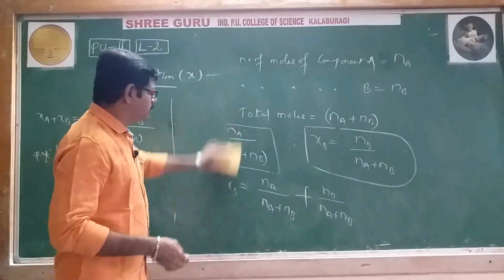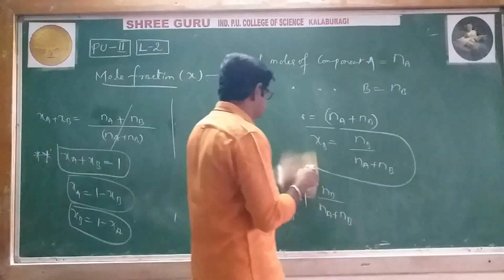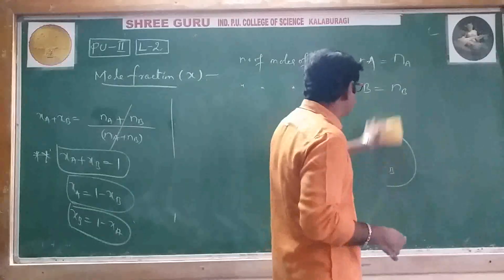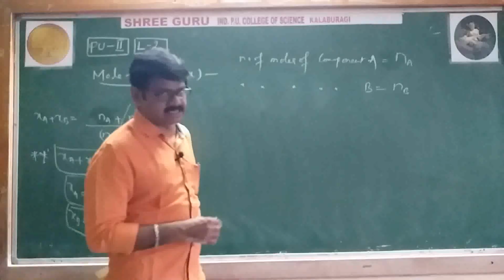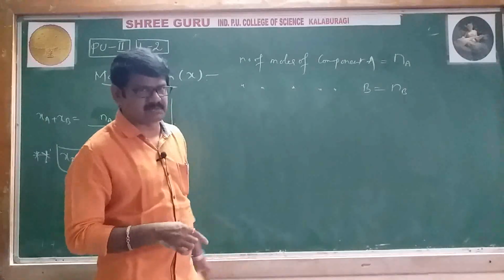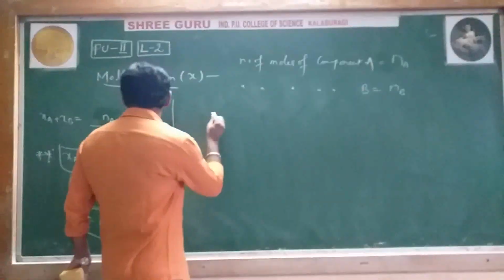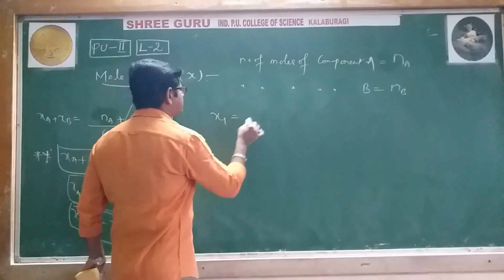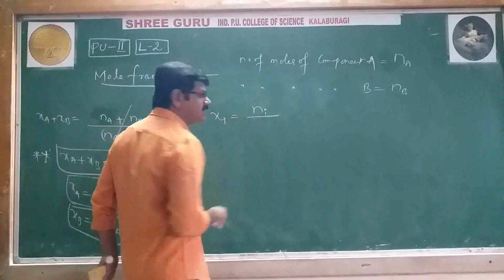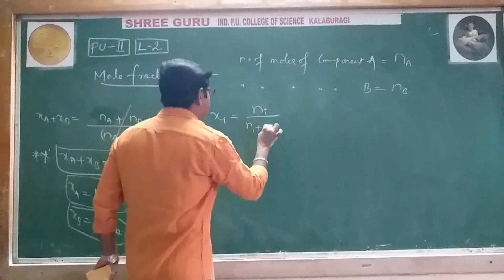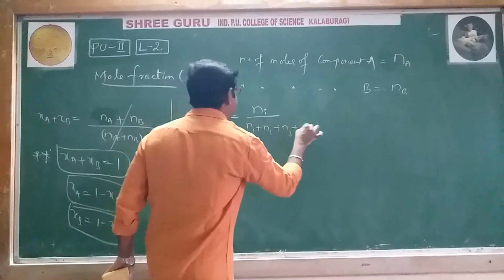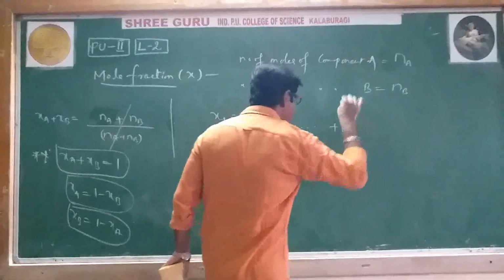Suppose in our solution i components are present. Therefore, xi is equal to ni divided by n1 plus n2 plus n3 and so on plus ni.